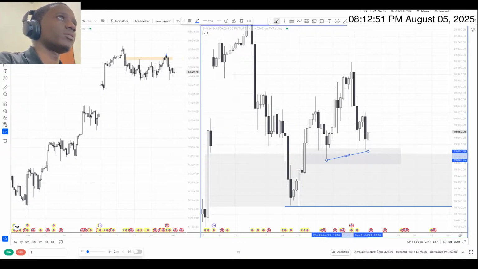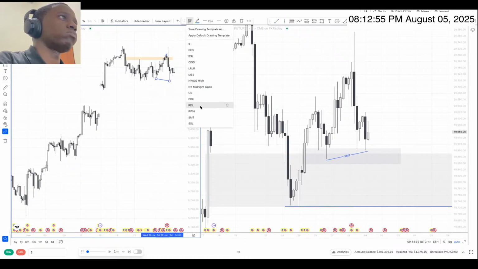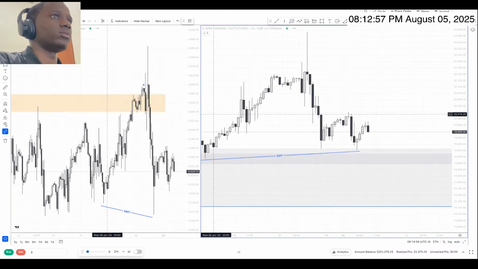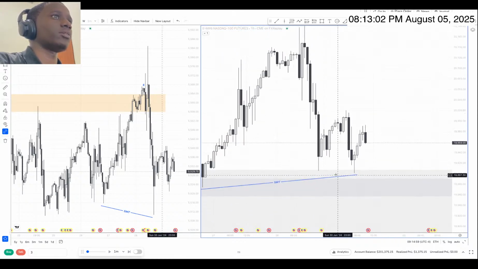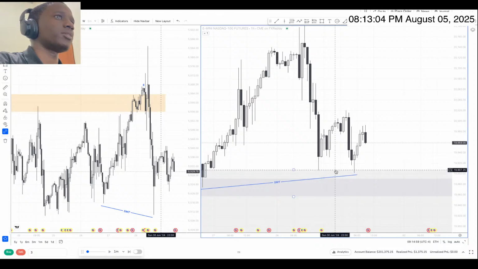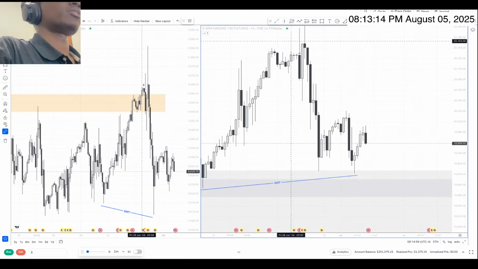Back to 1 hour here. You can see from this to this we have another internal SMT. This is kind of like internal. So it's obvious that I'll be looking for bullish prices.